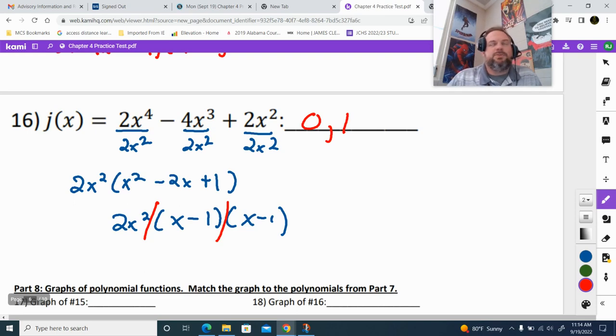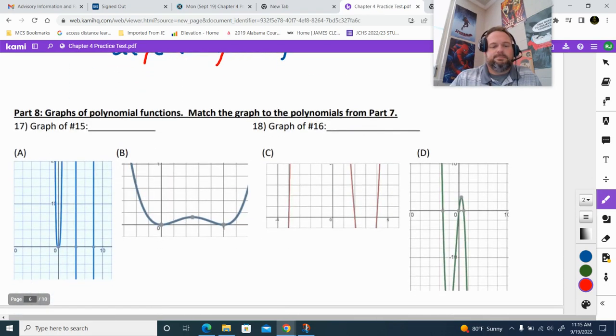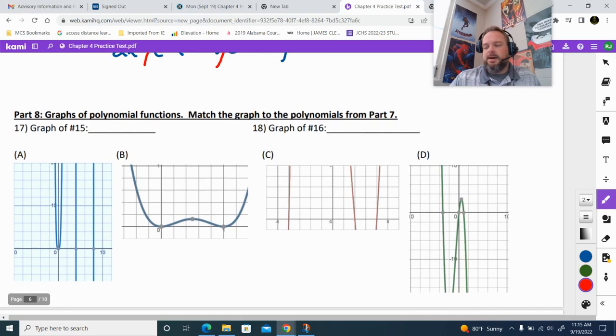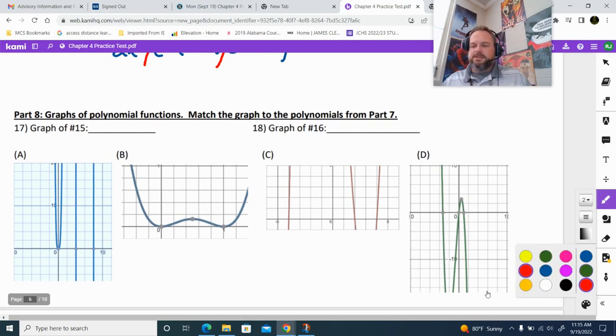Now, as far as the graphs for part 8, I tried to adjust those a little bit more. I think a lot of people said that you couldn't see the numbers or the grids or something like that. I don't know if I got them just right or not, but we will see. All right. Our zeros for number 15 were -4, 4, and 2.